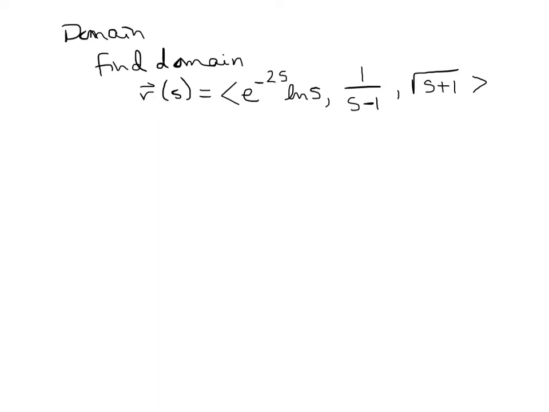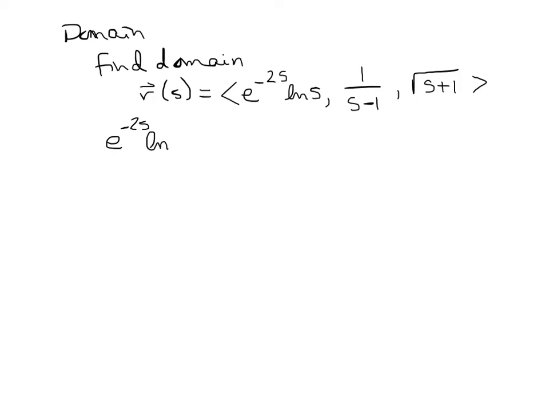All right, so let's look at them all separately. If we look at e to the negative 2s, that does not have any holes in it. It is continuous everywhere, and so there's nothing to consider there for the domain, because the domain is everything.